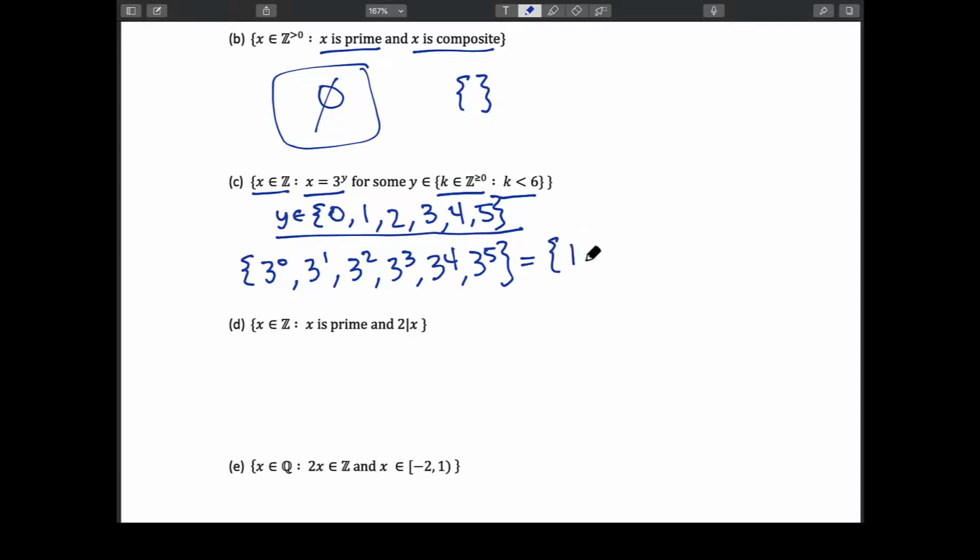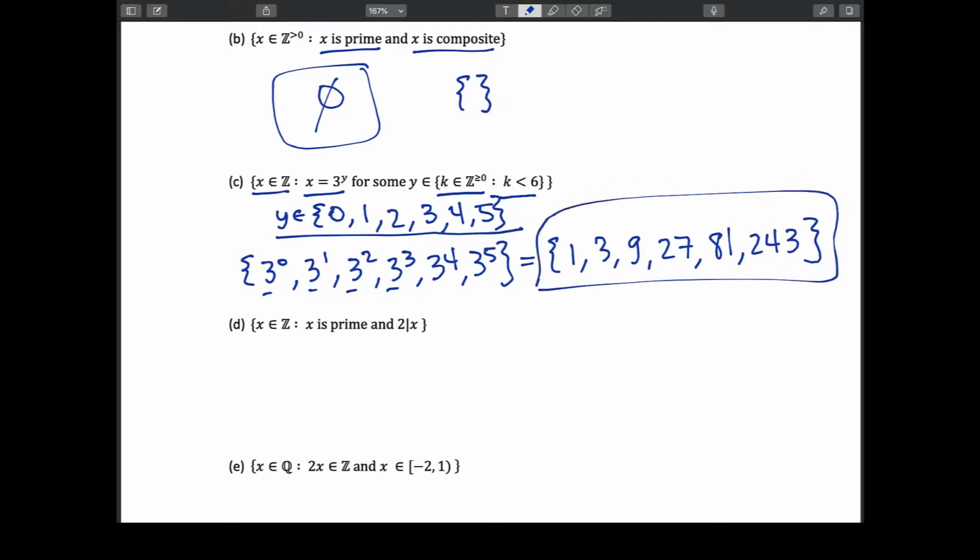We have 1, 3, 9, 27, 3 to the 4th is 81, 81 times 3 is 243, and that's it. And so that is our exhaustive enumeration of this set.